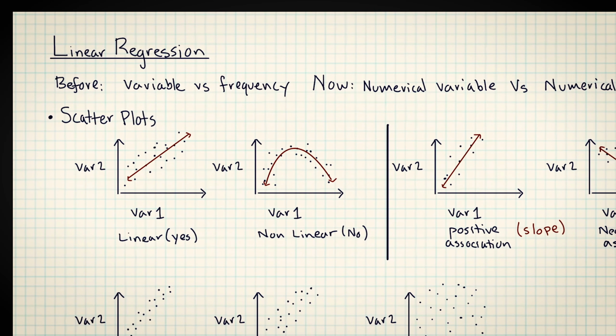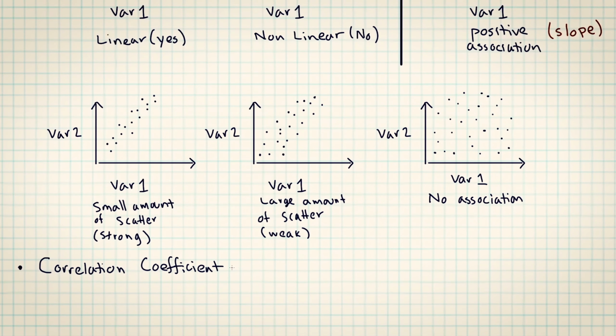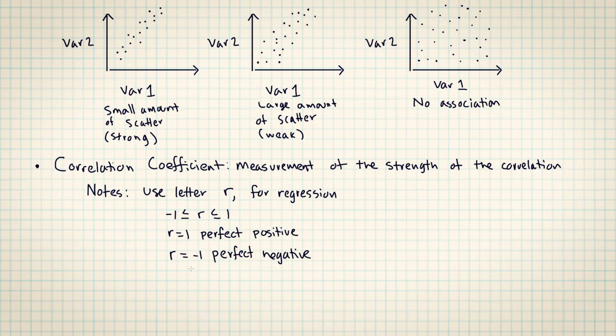The correlation coefficient measures how strong the correlation is. It's always a number between -1 and +1. And +1 is the strongest possible positive correlation, and -1 is the strongest possible negative correlation.